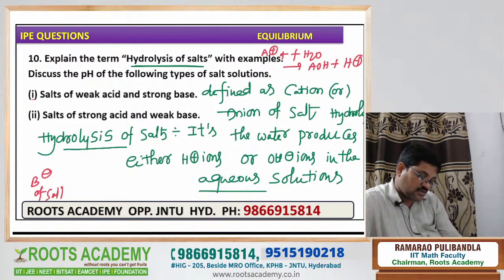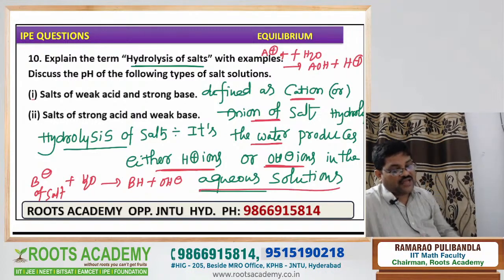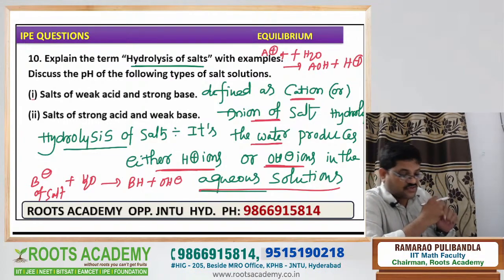B minus reacts with the water and combines with H plus ions, so water forms BH plus OH minus ions. That's why the cation or anion of the salt hydrolyzes the water, producing either H plus ions or OH minus ions in the aqueous solution. Understood? Simple logic, no confusion. That is the hydrolysis of the salt.